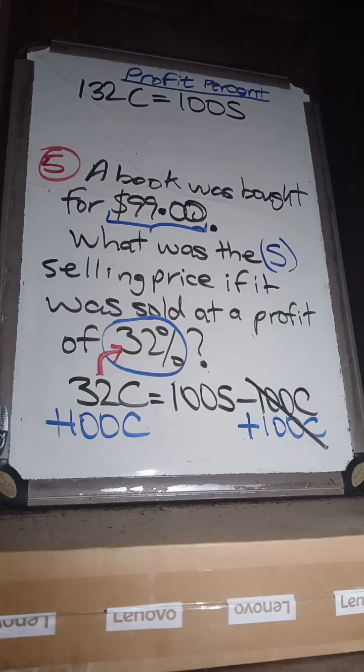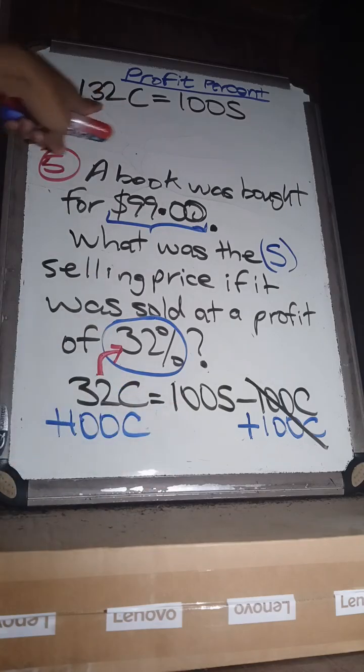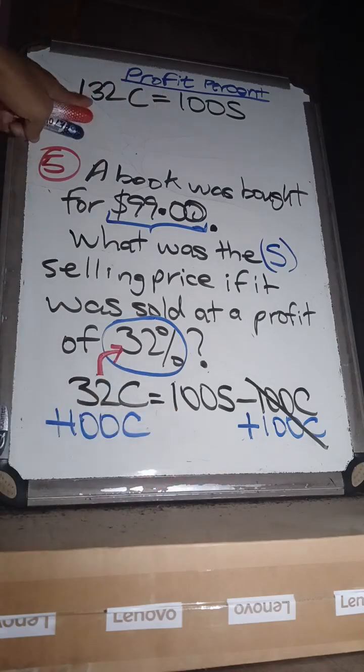So now we can confidently say that if we did do the algebra and end up here anyway, we can just do this. So this is the algebra, but this is the final thing. You can skip this and go straight to this in order to do what you need to do. When it's a profit percent, always remember you're just going to add whatever.